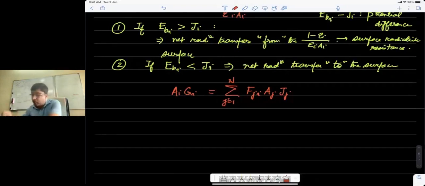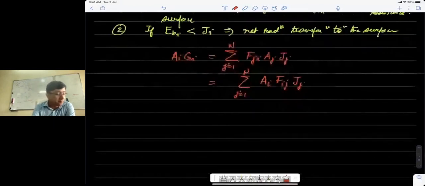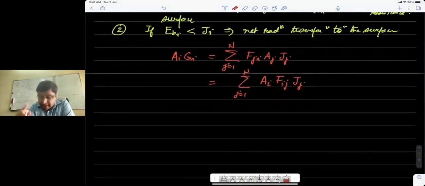So that is a basic balance. And now I can use the reciprocity relation to write this as Ai Fij Jj. So Aj Fji is Ai Fij, which means I can cancel this Ai because that is not dependent on the summation rule.